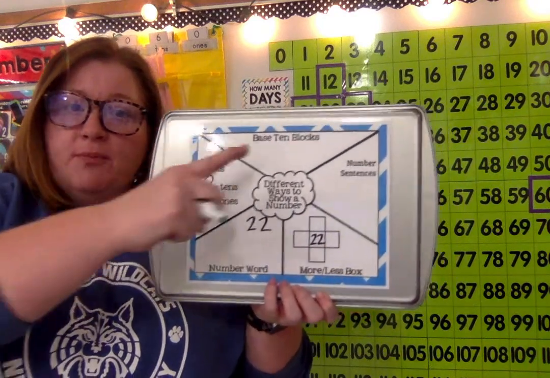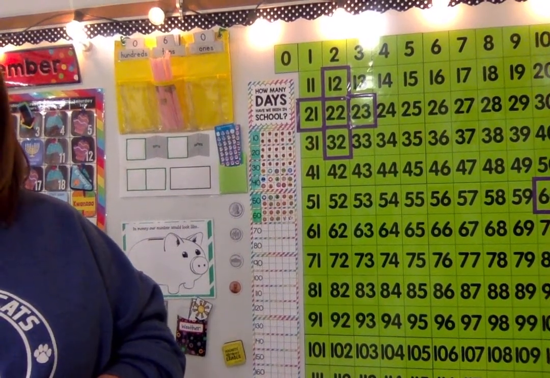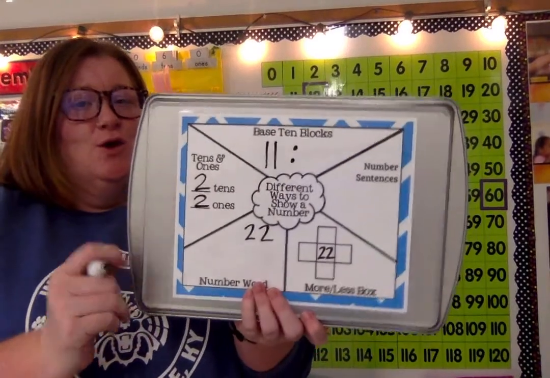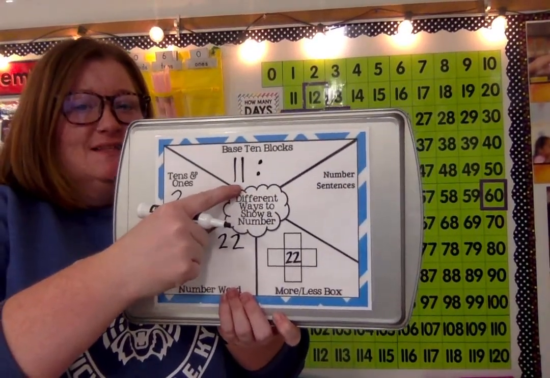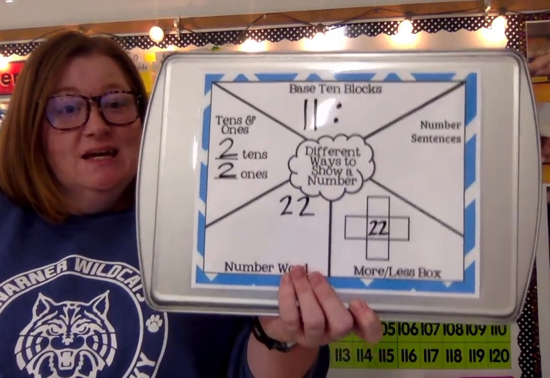How would I represent that in a drawing of base 10 blocks? 2 10s, 2 1s. How would you represent that? Did you make 2 big lines for our 10s? 2 little dots for our 1s? 22.